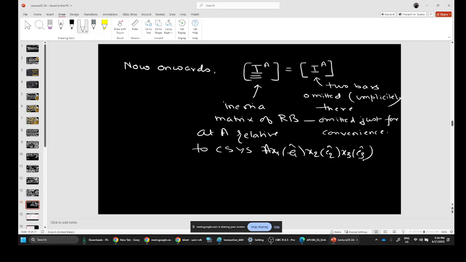Earlier I was putting double bars here. Now onwards I may omit, I may not write that, but it is just for convenience. It is implied there, it still has meaning, but just for convenience I may leave that double bar at some places.